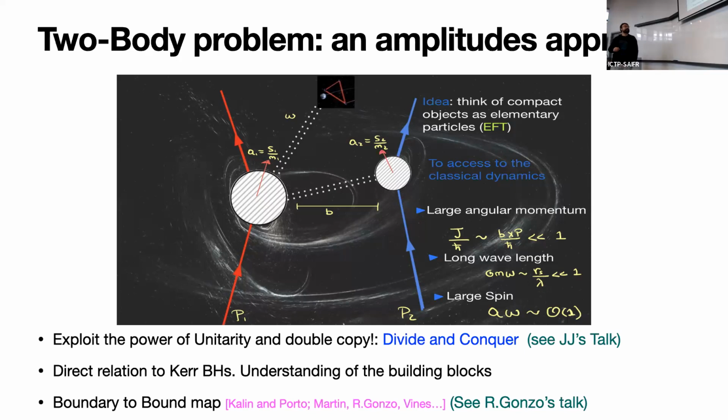The idea of this talk is that we understand these building blocks a little bit better when we think of them as having to do with the Kerr black hole. So we do scattering, and if you want to go to the bound system, there are some prescriptions that work with perturbation theory to go from the scattering to the bound system, as we heard about in a talk last week.